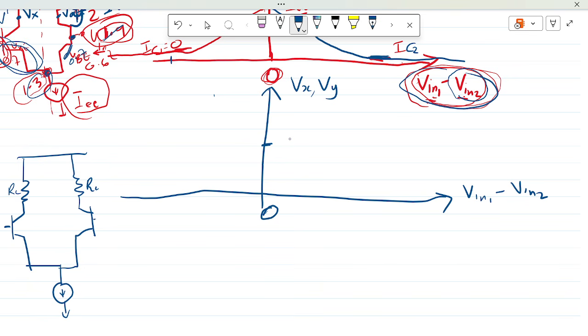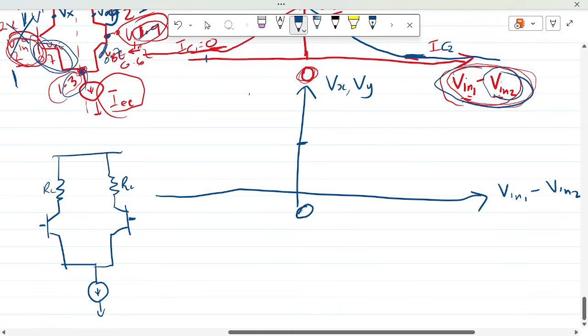So when the differential input is 0, then we expect the collector current here to be IEE over 2, and the collector current here to be IEE over 2.